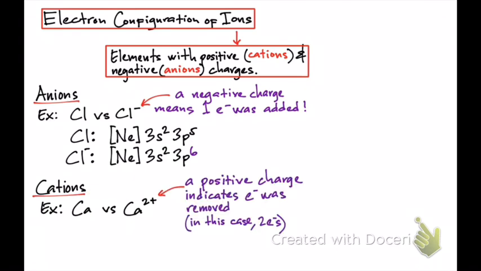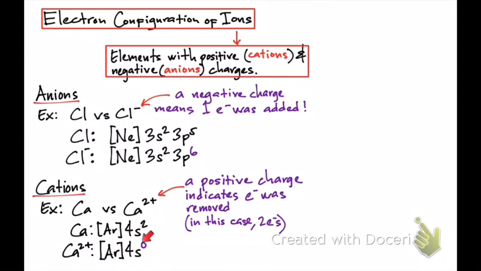A normal calcium has this specific electron configuration: argon followed by 4s2, right? If we remove 2 electrons from a neutral calcium, we're removing the 2 electrons in the 4s. And so this becomes calcium 2 plus, argon, and then 4s0, right? Because we subtracted 2 electrons from the 4s.